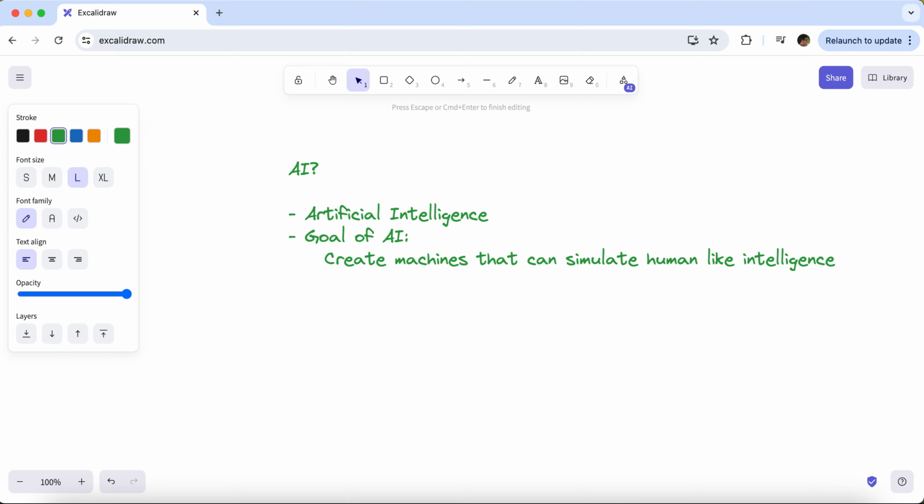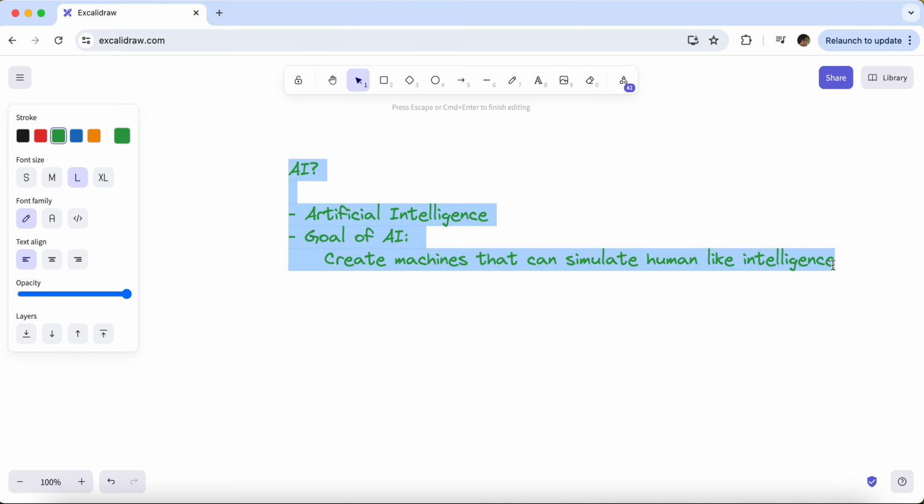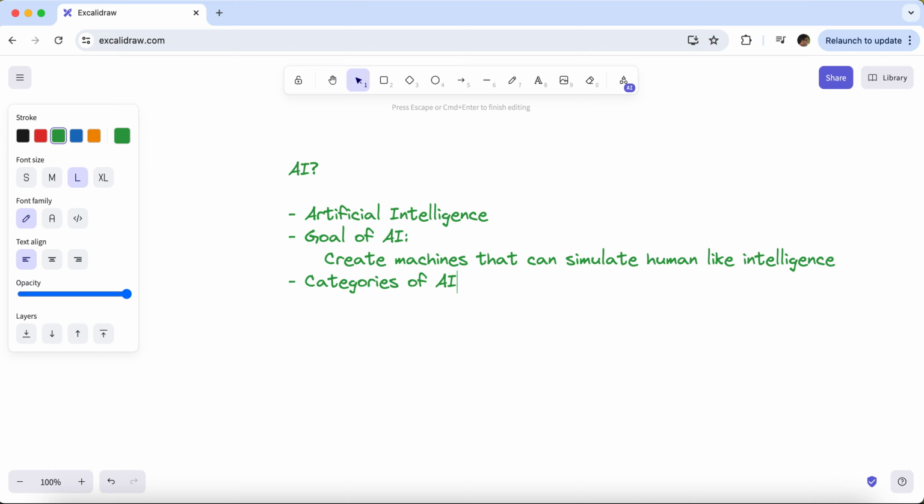Now let's come to some theoretical technicalities about artificial intelligence. What are the categories of AI? If we want to build systems that represent human-like intelligence, then we should understand various categories of AI. The first category of AI is known as general AI, right?